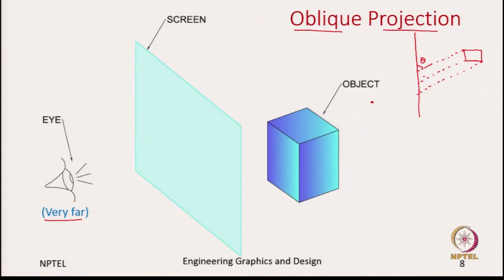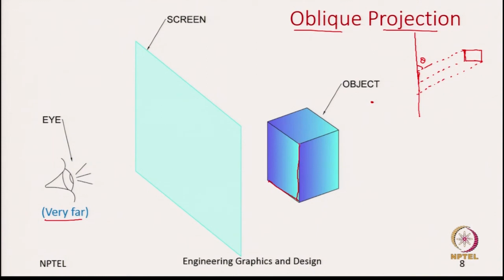What is unique about this oblique projection is, since this edge is parallel to the projection plane, even in the projection plane you will have the same length. Let us say this is the width of the object as well as the height of the object. Since both of them are parallel to the projection plane, you will be looking at the true length of the width and height.